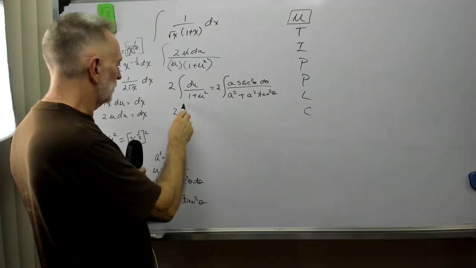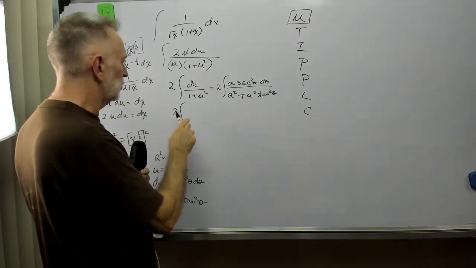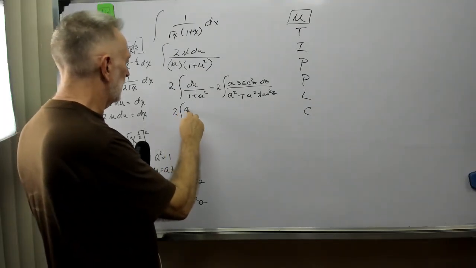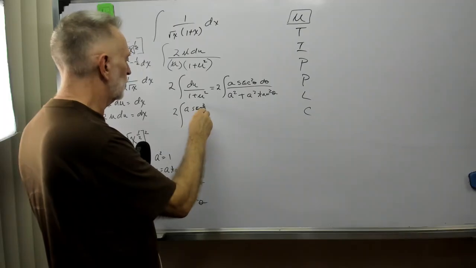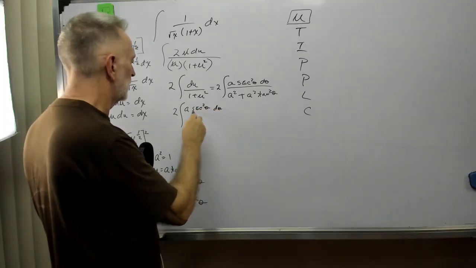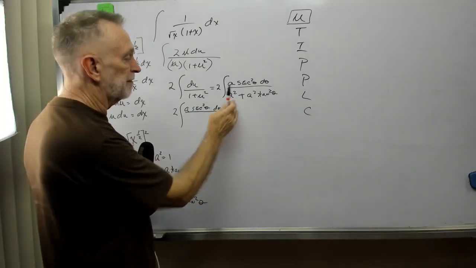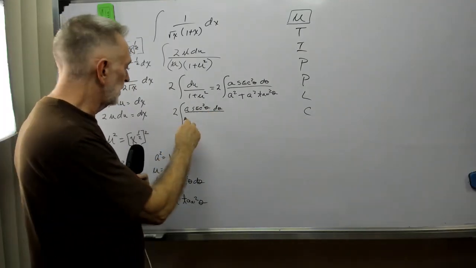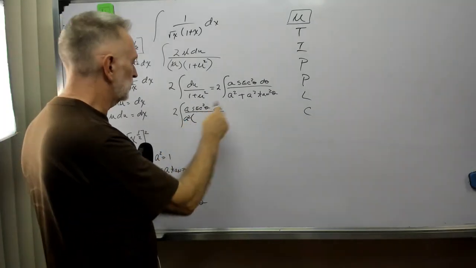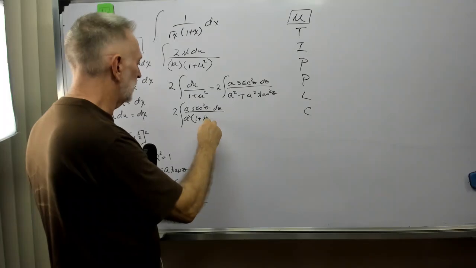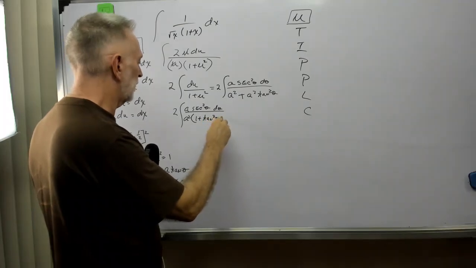So now let me move down here. We've got 2 times the integral of a secant squared theta d theta divided by, and I'm going to factor out the a squared, times 1 plus tangent squared theta.